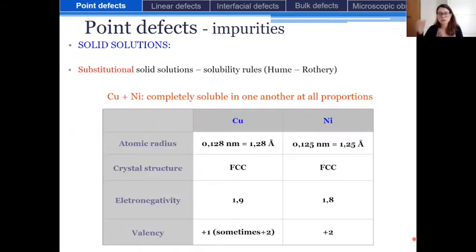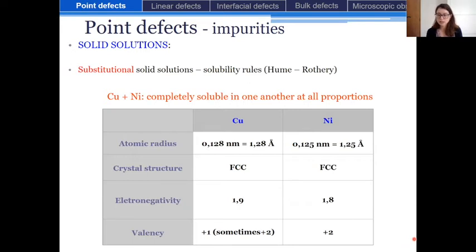And so if we consider this example of copper and nickel, and we have a look at these four criteria, these four rules, we will see that considering the atomic radius, they have similar atomic radius. Their crystal structures are the same. They have an FCC crystal structure.